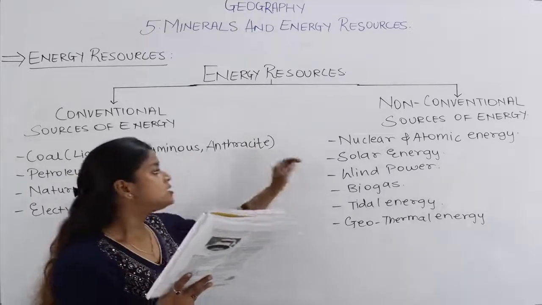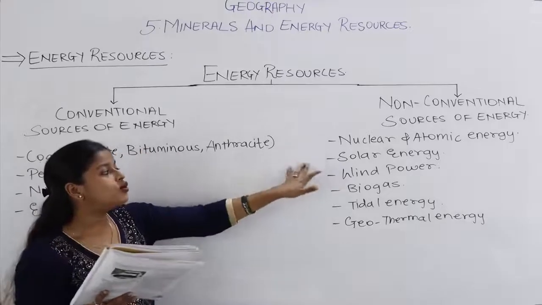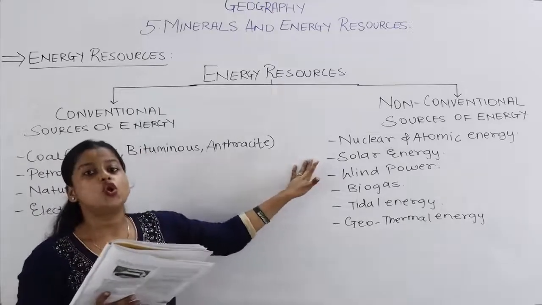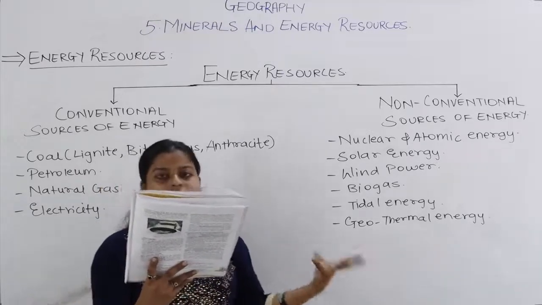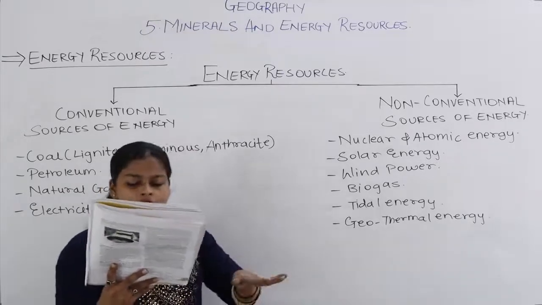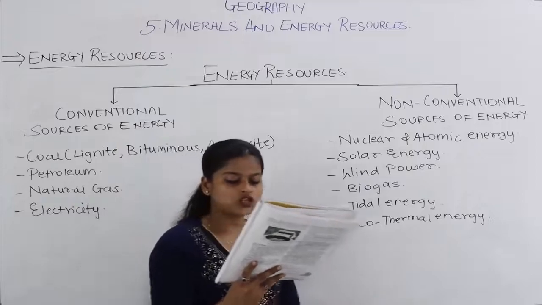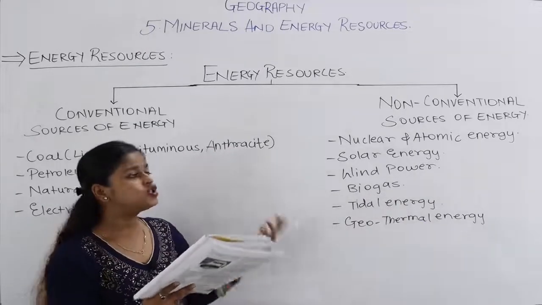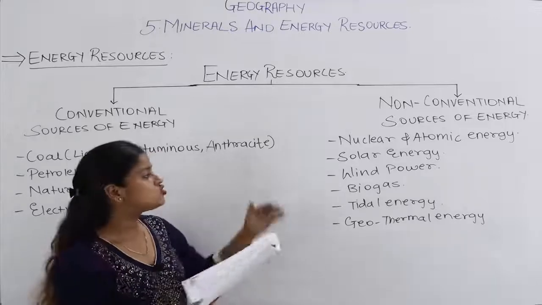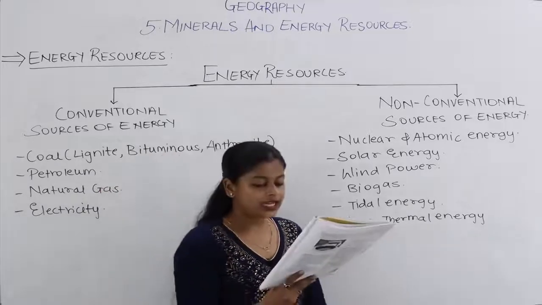Since we are developing a lot of solar energy, the dependence on firewood and such will decrease. This is how the supply of manure in agriculture will help us. So that is how solar energy can be generated.